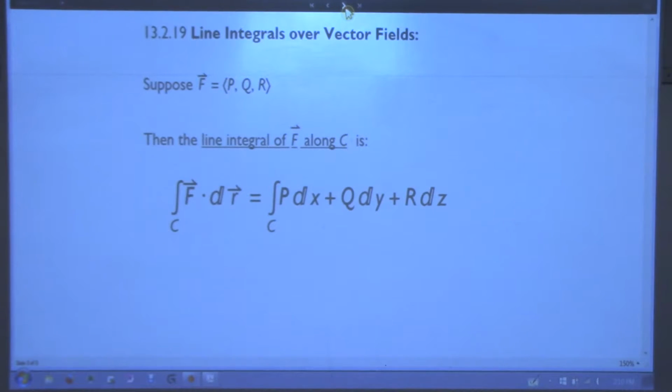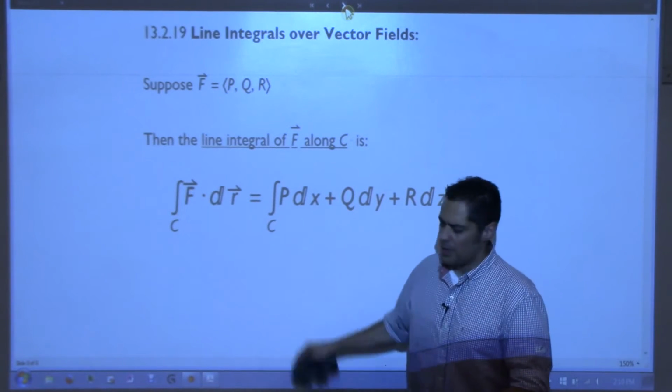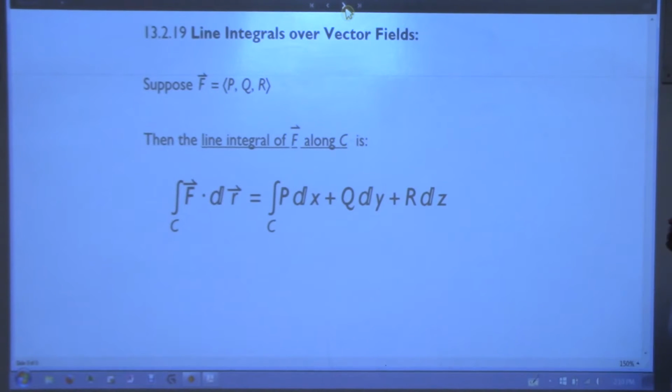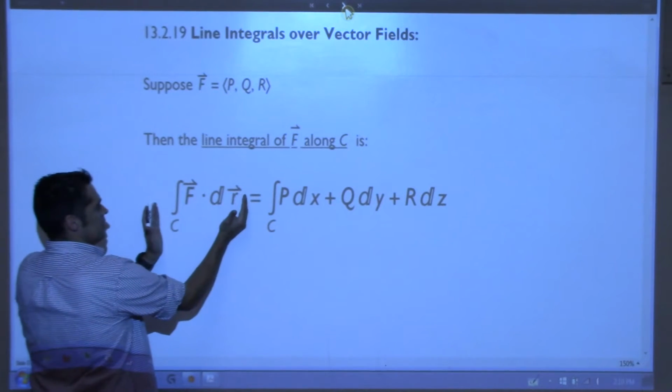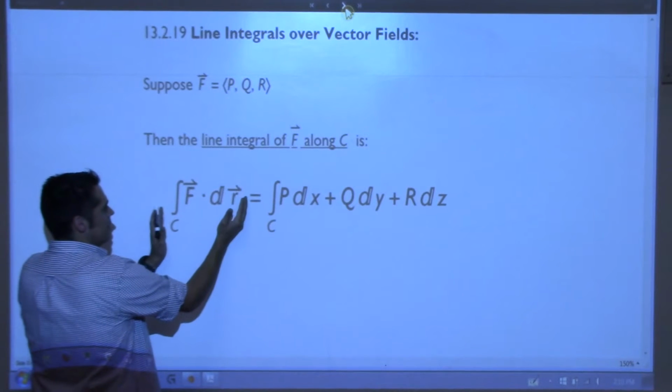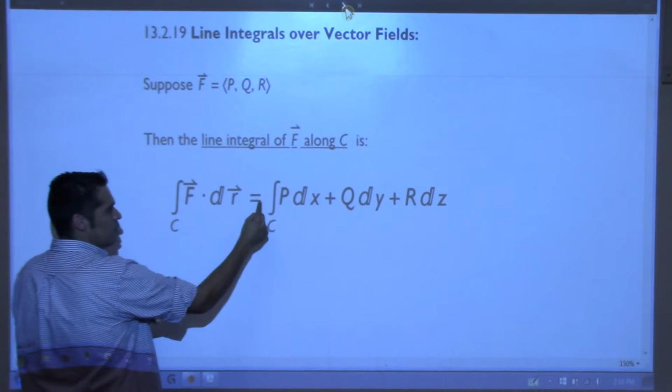Now, just a little notation for you. There's an equivalent form of this line integral of the vector field. So this is the way that we say work, right? This is work, but if you see this, it is equivalent to this.